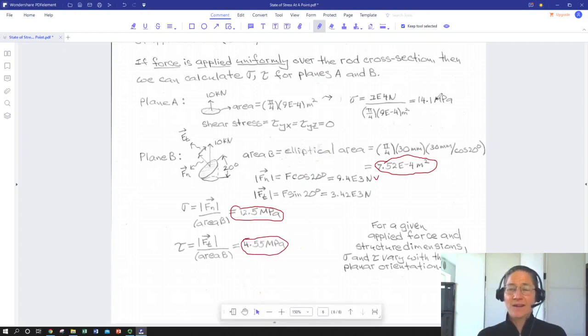So we've reduced the normal stress some, but we've got a shear stress that went from 0 to 4.55. So the proportional change, we increased the shear more than we decreased the normal, and that's simply because of the trig relationship. So we could compare this, for instance, to the maximum shear stress that the cured adhesive is rated for.